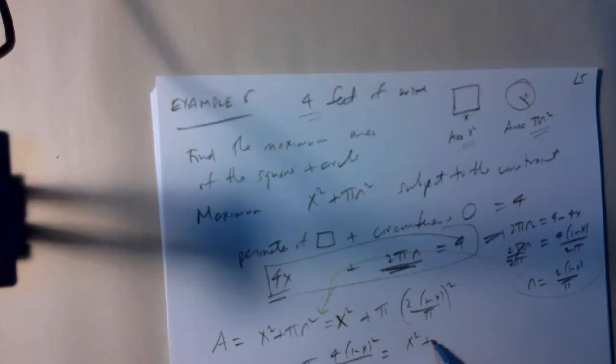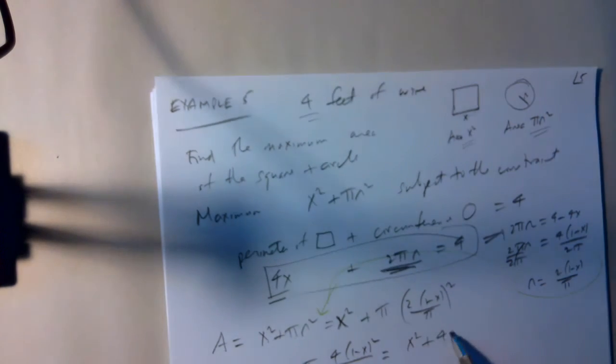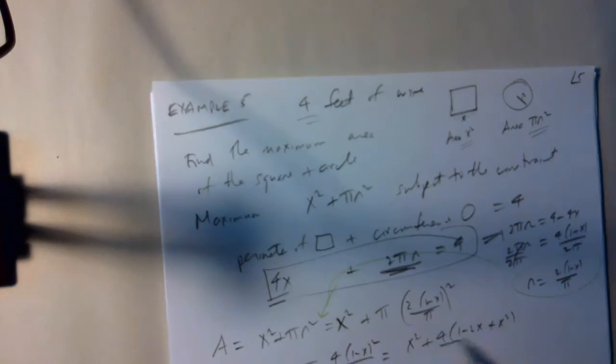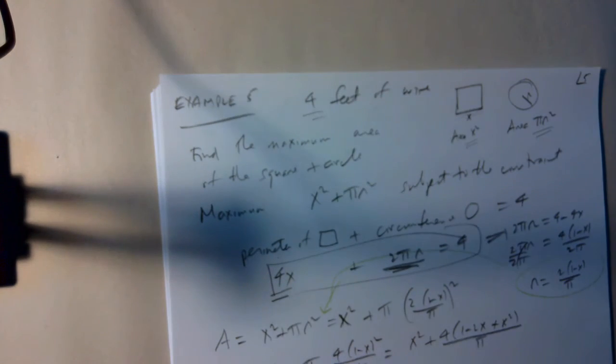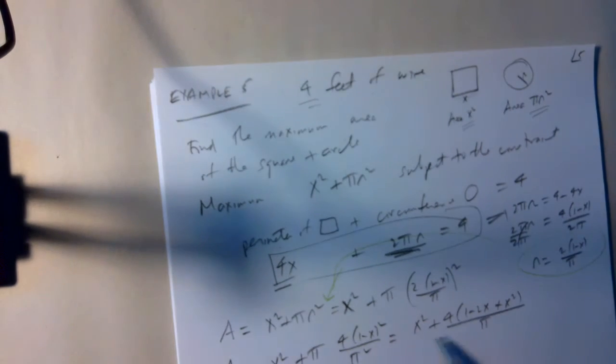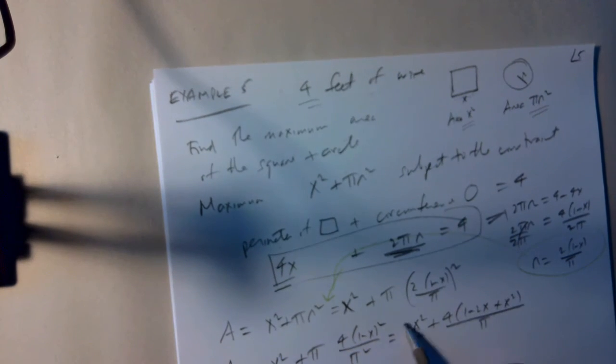X squared plus, I square this out, 4 times 1 minus 2x plus x squared over pi. So let me write this as 1 over pi, multiply this by pi. So I have pi x squared plus 4x squared.